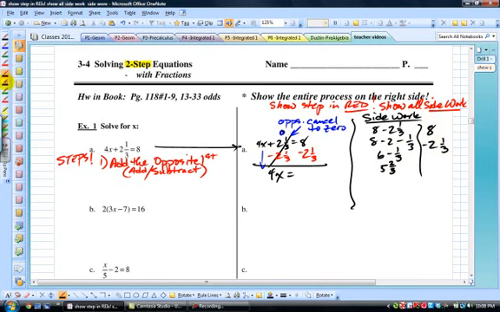You borrowed 1 from the 8 and write this as 7 and 3/3. Then you subtracted. 7 minus 2 is 5. 3/3 minus 1/3 is 2/3. So this is the old way, okay? And this is the new way. Okay, I don't care how you do it, you get the same number, right? But you decide.